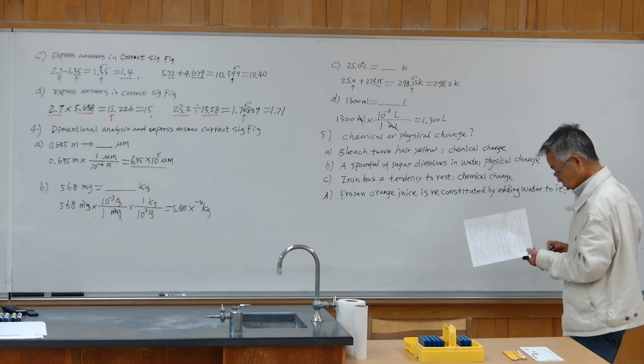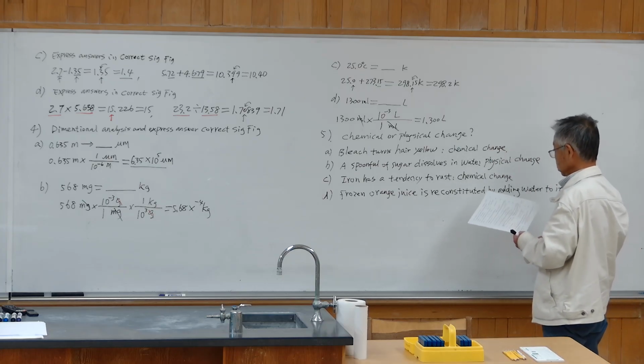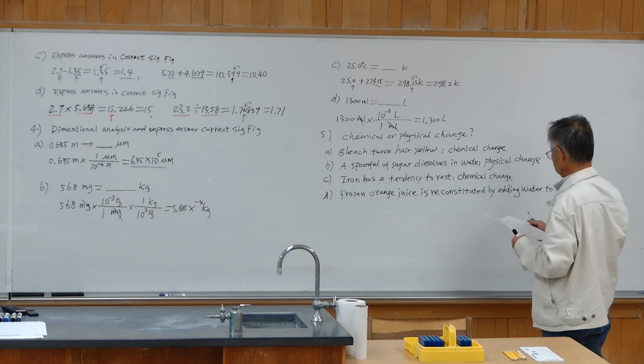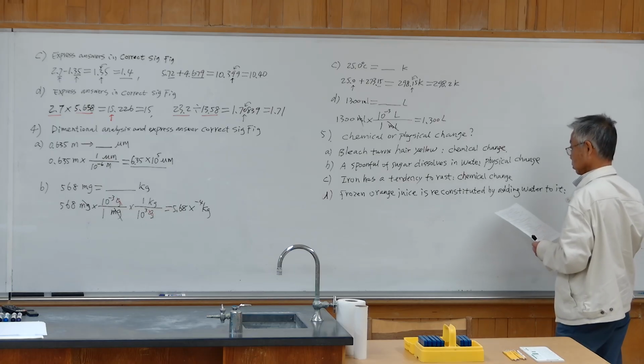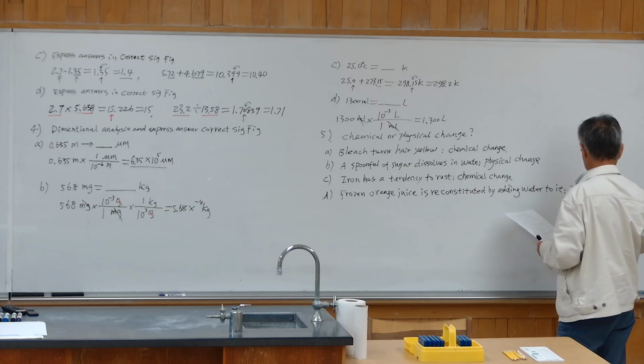You add water to the orange juice, or you add water to your soup. Whatever, water will not react with your orange juice or the soup. It just dilutes the soup or juice. So it's just a physical change.